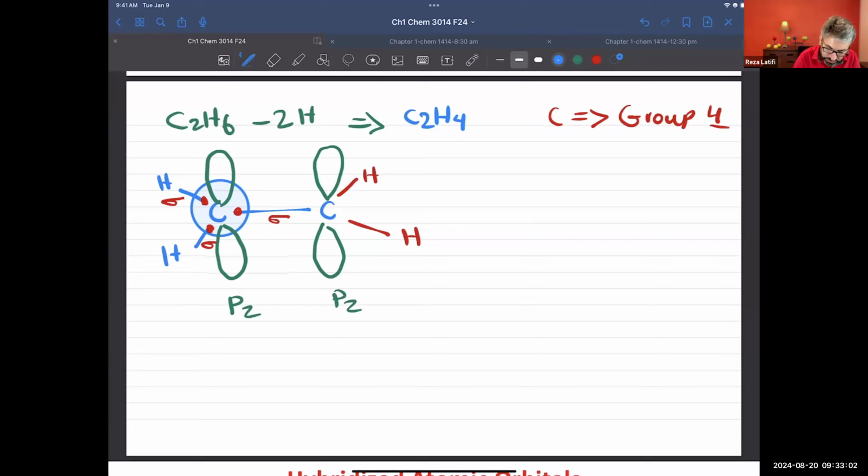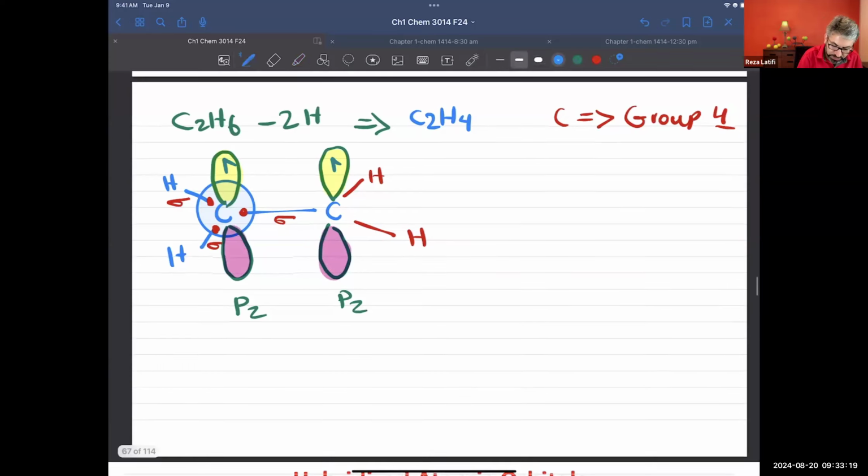There is one electron there pointing up, and here pointing up, and those orbitals through space are going to find each other and have a parallel interaction. And that parallel interaction, we're going to call pi. So this interaction we call pi. That's a pi bond.